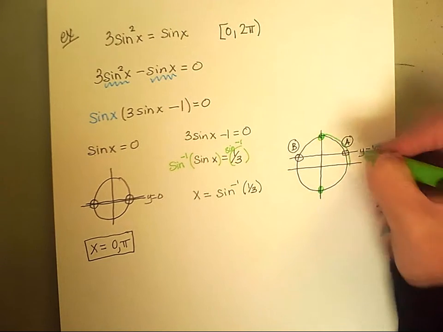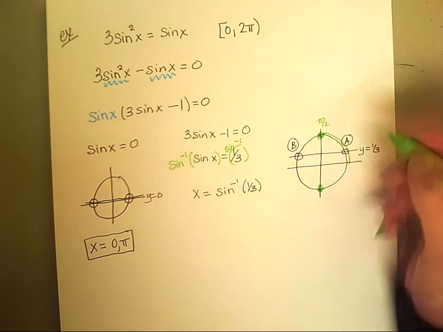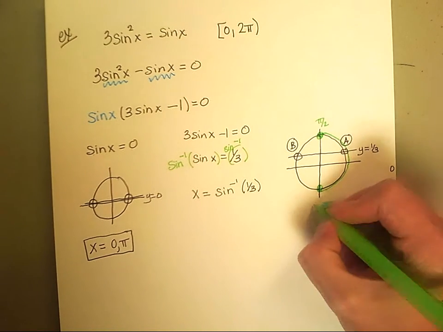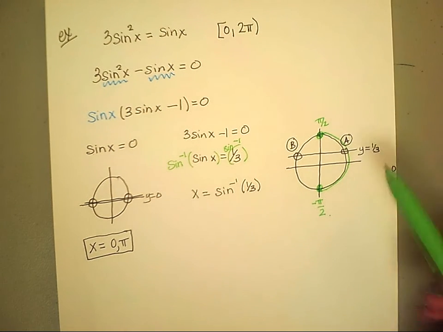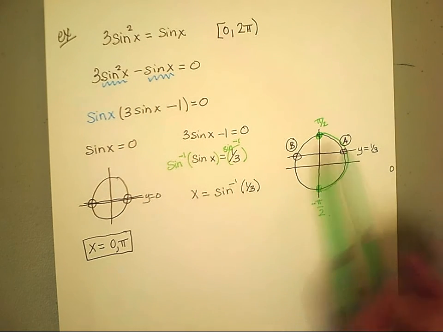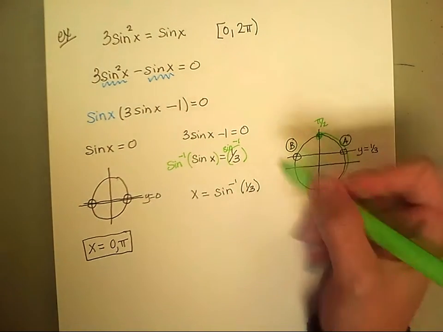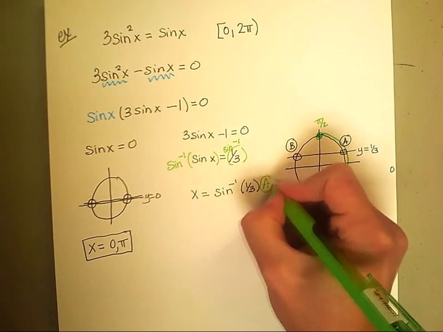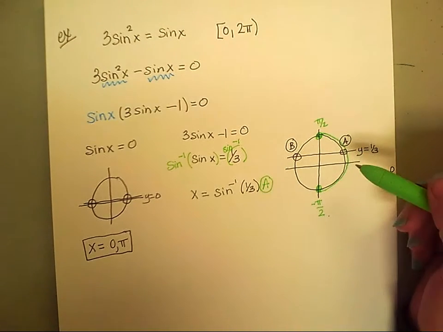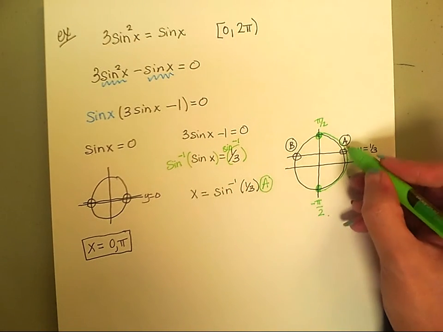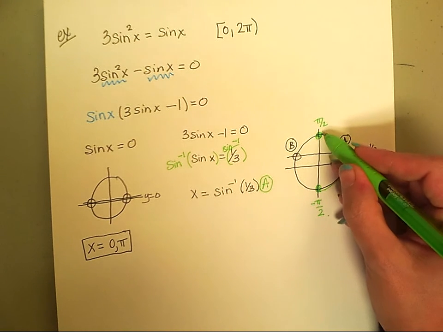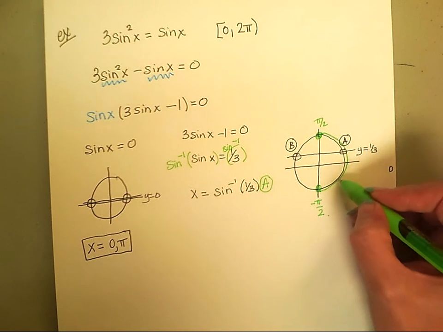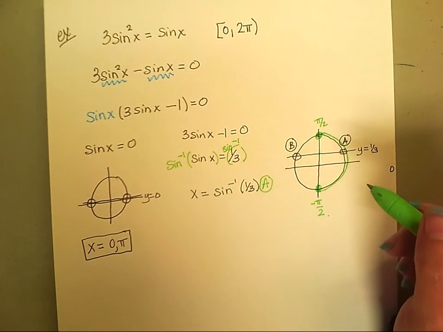Remember, it goes positively from here, that this is pi over 2, and then it goes in the negative direction, that this is negative pi over 2. Okay. So the angle that this represents is angle A, because it's within the restrictions. Also notice that this must be a positive angle, because we go from 0 to pi over 2. If it was down here, it would be representing a negative angle.